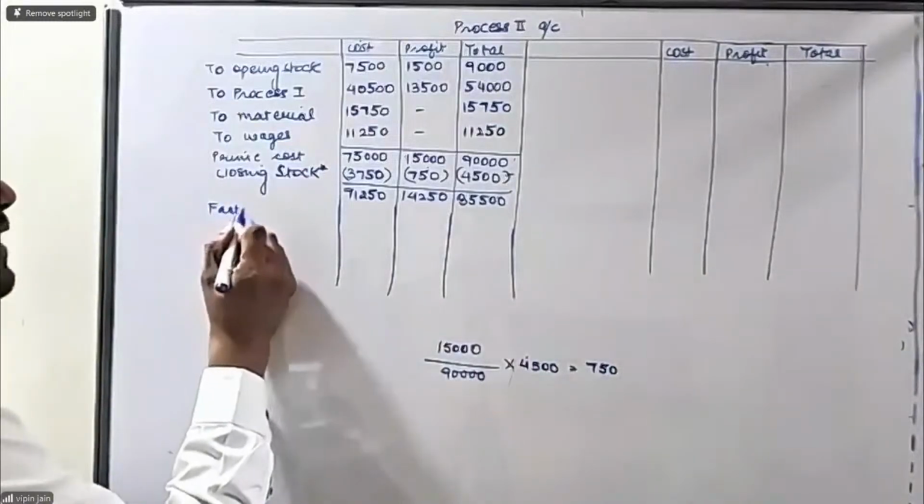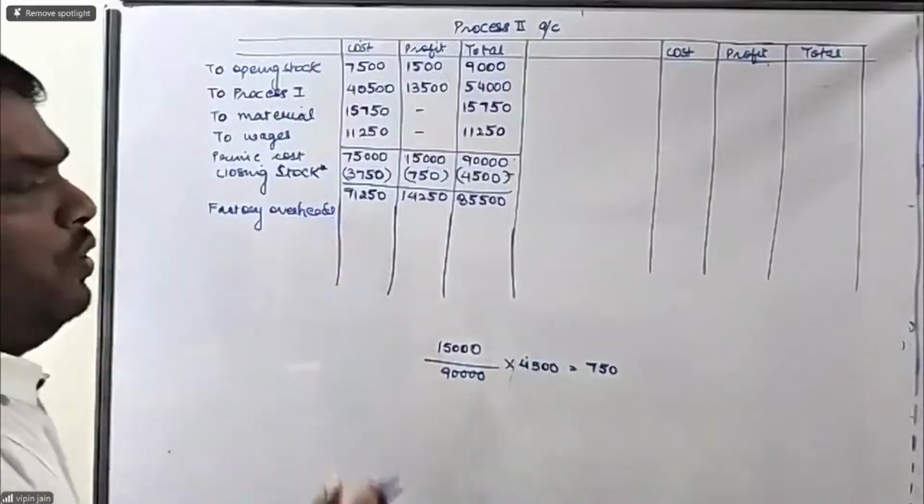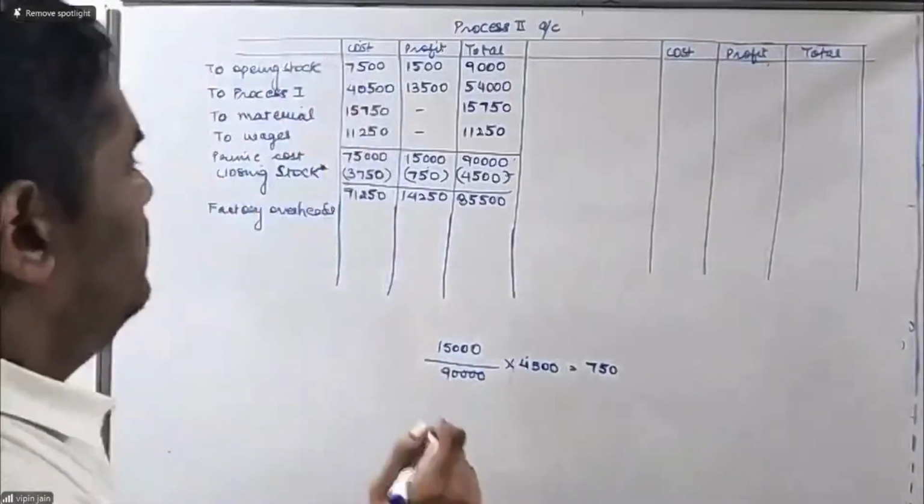In this, we'll add factory overheads to calculate the total cost, and my factory overheads are 4,500.